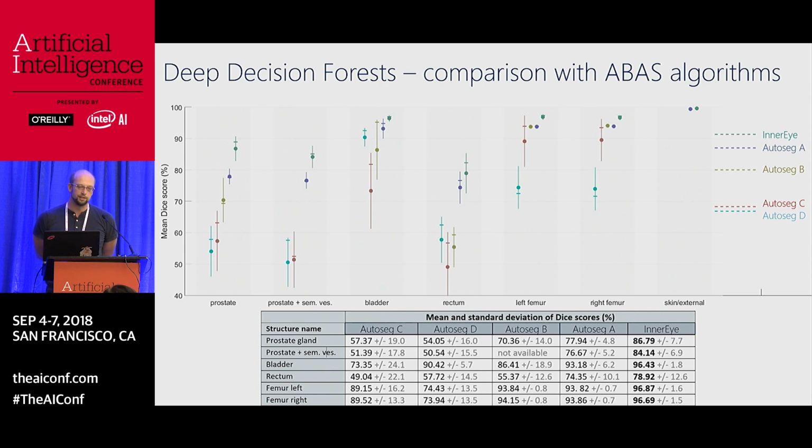Basically, they're trying to find a best image which looks most closely to the image that you are currently examining, and they're trying to morph it to fit your current image. And we've seen that these algorithms work kind of okay when you're looking at non-deformable structures like bones, because on CT scans they show up as bright white voxels, but they often fail when you're dealing with structures which change from patient to patient and within a patient, like the prostate and rectum, which are soft tissues.